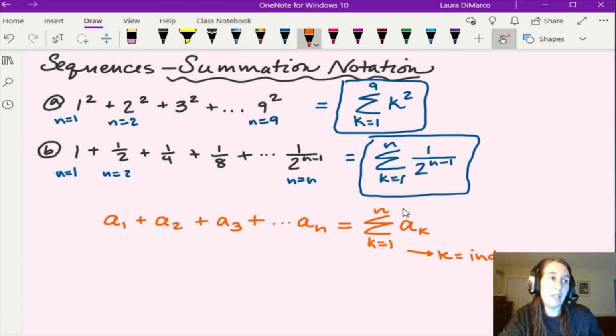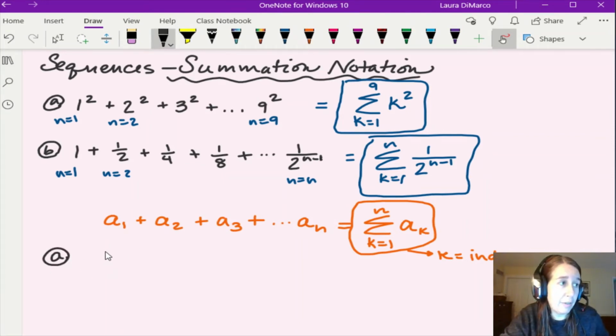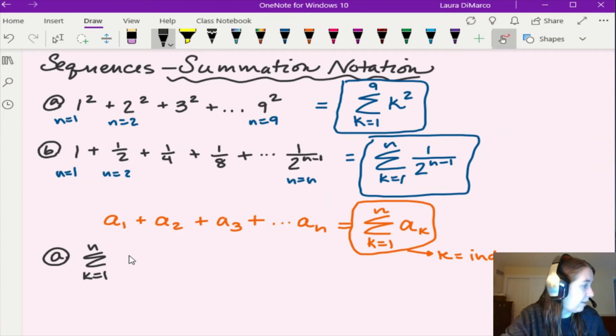And then what this means is the sum of a sub k from k equals 1 all the way to n. Okay, so this is just the general equation for it.